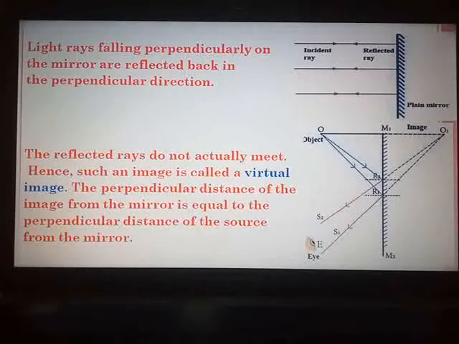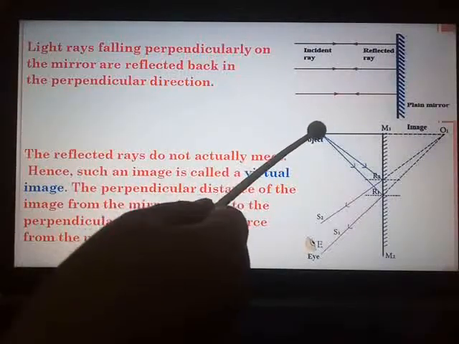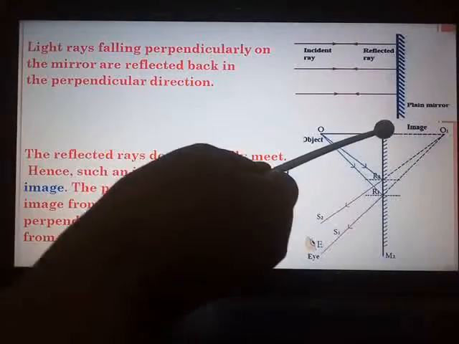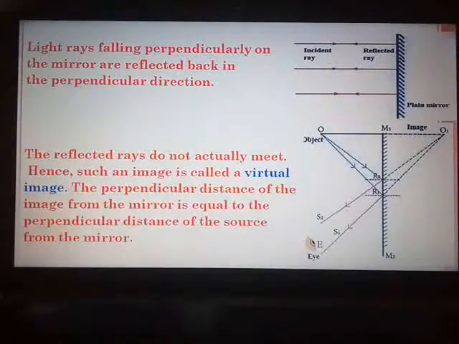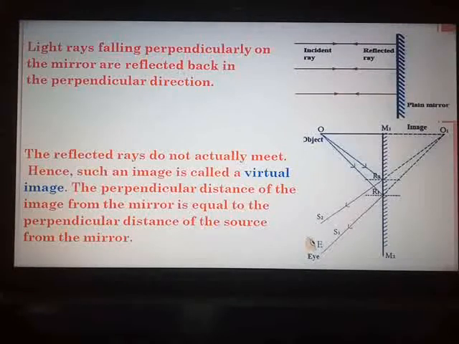This figure shows a point source O in front of a plane mirror, which is M1 M2. This is your plane mirror. Incident rays OR1 and OR2 get reflected according to the laws of reflection.